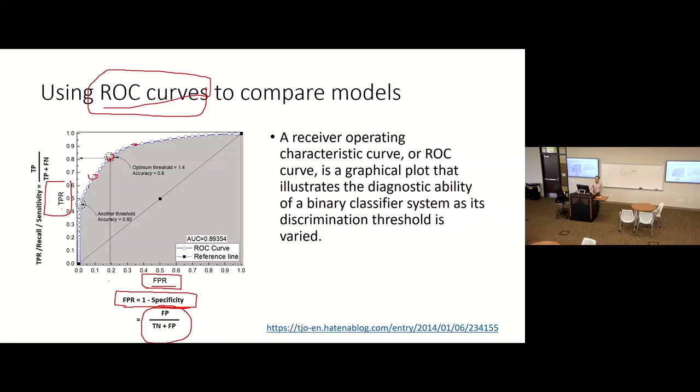So at the end, you run multiple tests or different setups, and you get a curve like this. This curve should be pushed towards the top-left position. Then you calculate the area under the curve. The larger, the better.